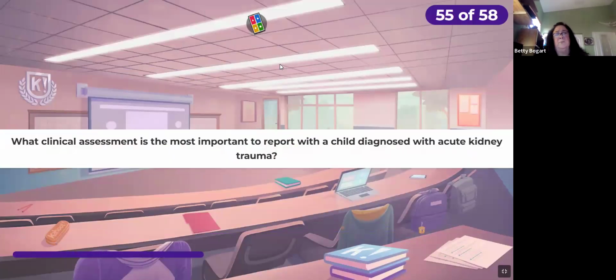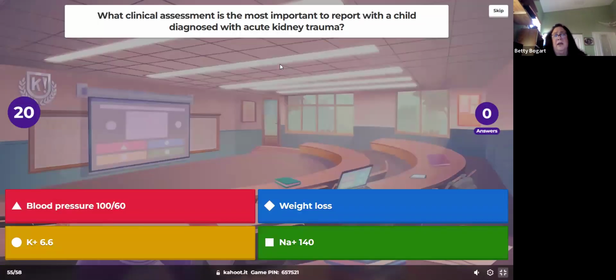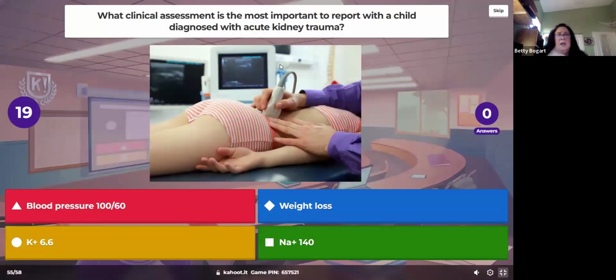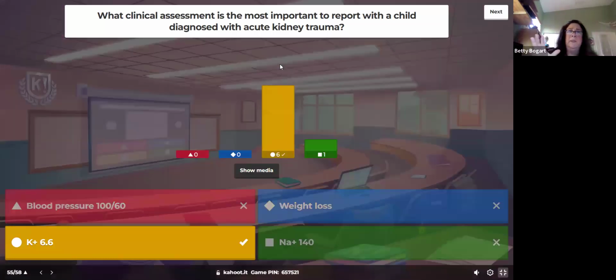What clinical assessment is most important to report with a child diagnosed with an acute kidney trauma? You know, I've seen this where kids are out playing hide and seek or tag or whatever the name of it is now. And they're out in the backyard. And this one kid was rounding a corner, sort of to his side, and hit a trailer hitch. And his left upper back, he had this bruise on his entire back.